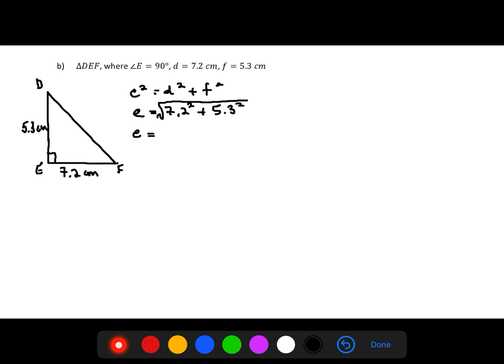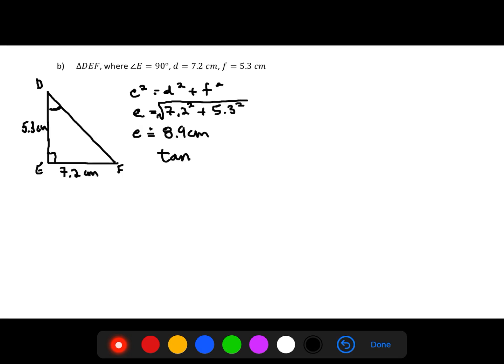So we can do that all in one step in our calculators. Now, if we need to use this answer in following steps, we want to keep more decimal places. We do have enough information to find our angles without using side E, so we can round to one decimal place here, and when we do that, we get 8.9 centimeters.